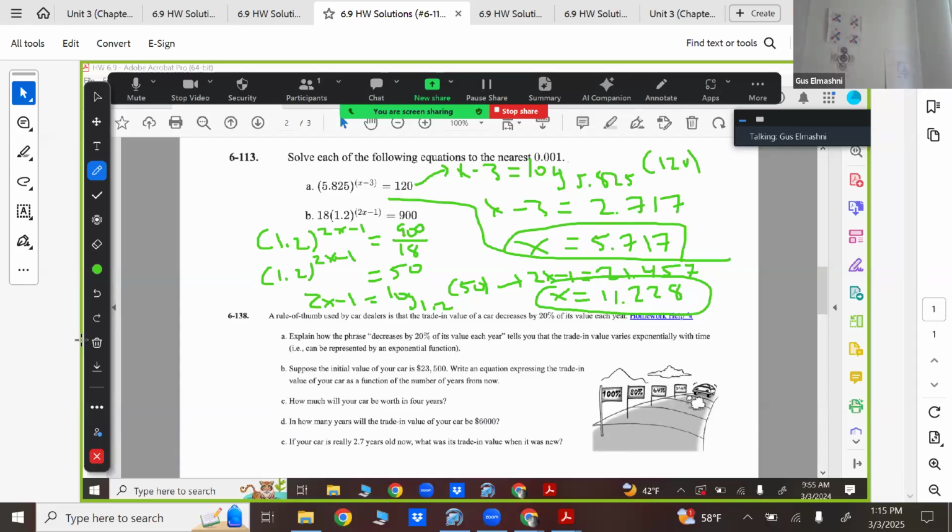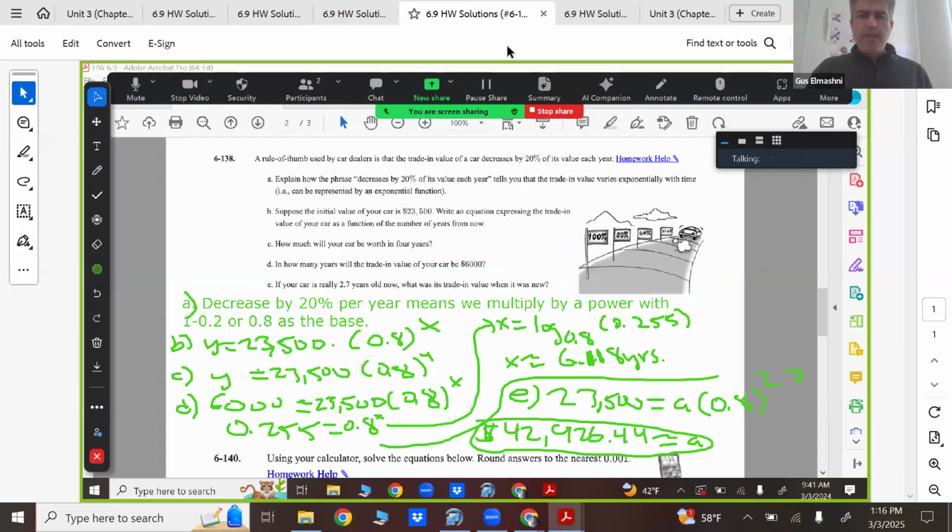The exponent and multiplication. You would not want to distribute that 18. Do not do that. Divide by the 18, get rid of it, then rewrite the log, and then of course solve for the inside of 2x minus 1. So that's 6-1-13. I'll do the graphing problem in a moment.